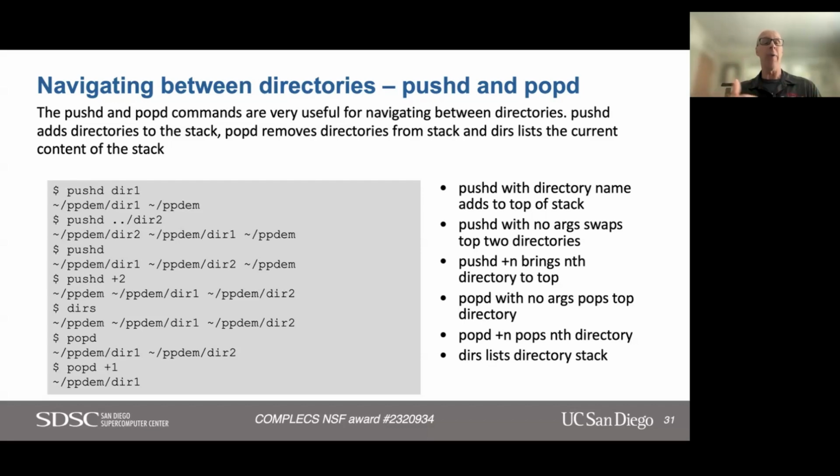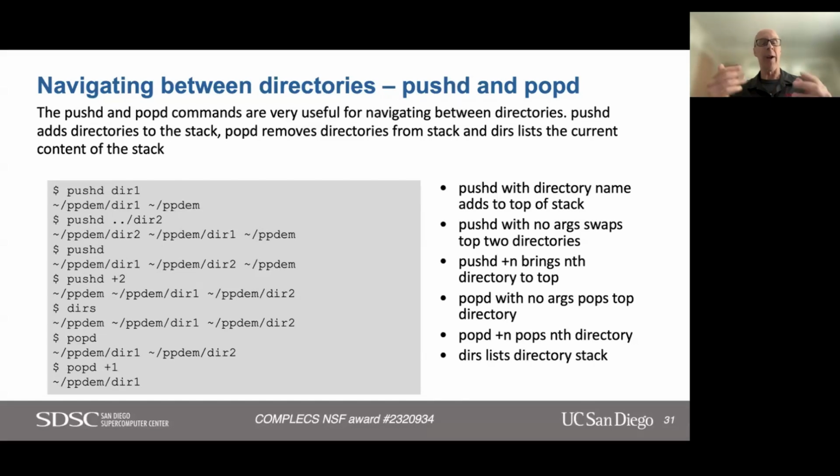I could push another directory on top of that stack. If I do pushd without any arguments, it's going to swap the top two directories on the stack. If I do pushd with a number, it's going to bring that directory to the top. If I just want to get a listing, I could do dirs.